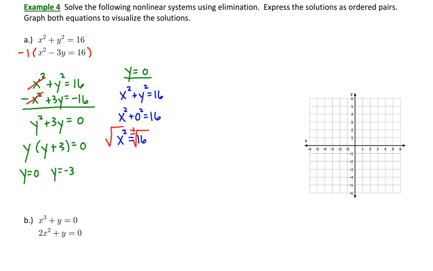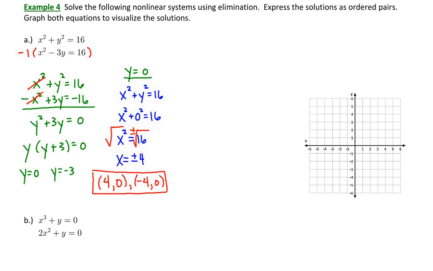And when we apply the square root to both sides of the equation, as you know, we're going to get two solutions. So I get positive and negative 4. That really means I'm dealing with two different points here: positive 4 corresponding to y equals 0 and negative 4 corresponding to y equals 0. So we had two ordered pair solutions that came from that one y value.